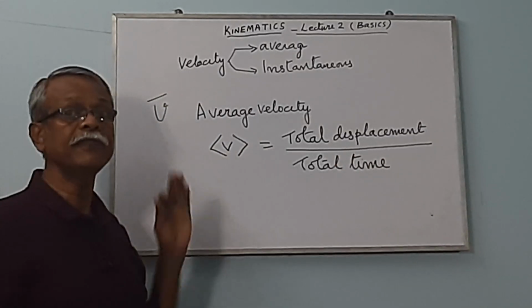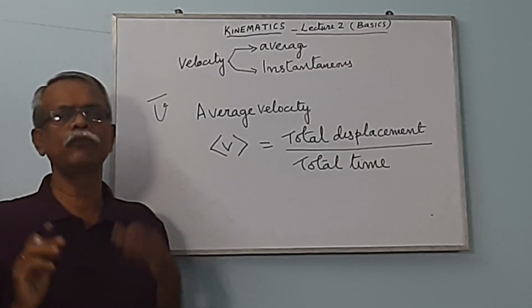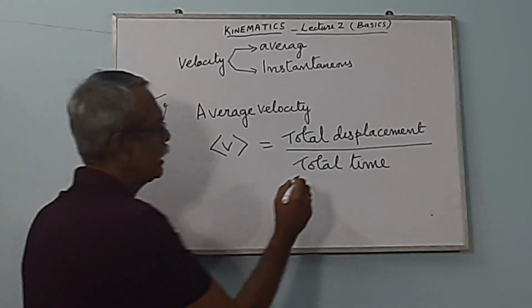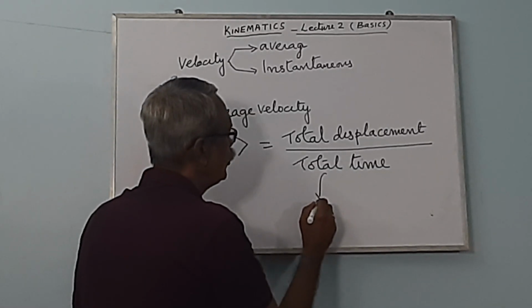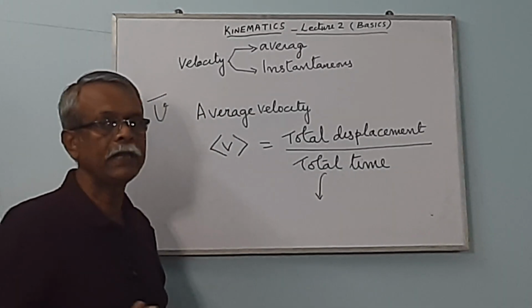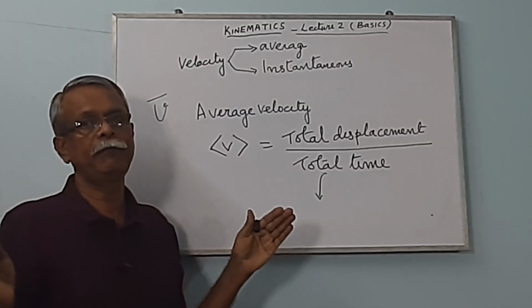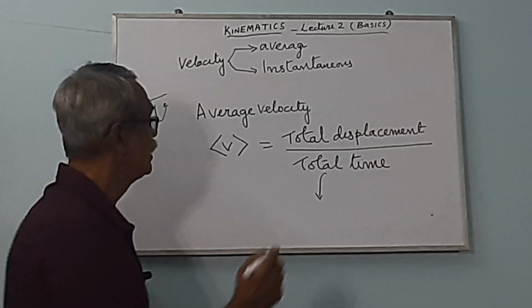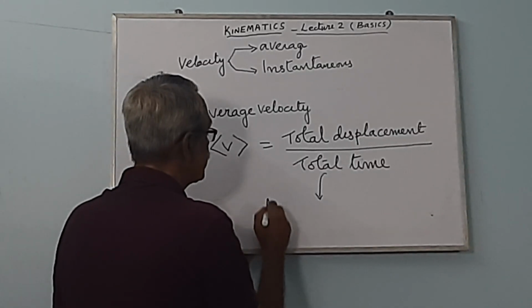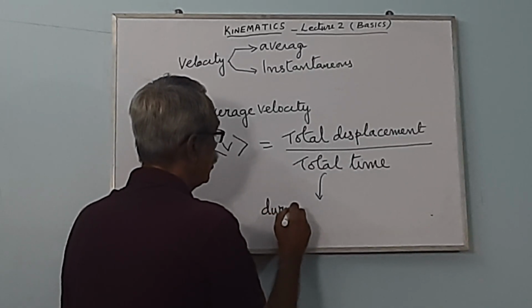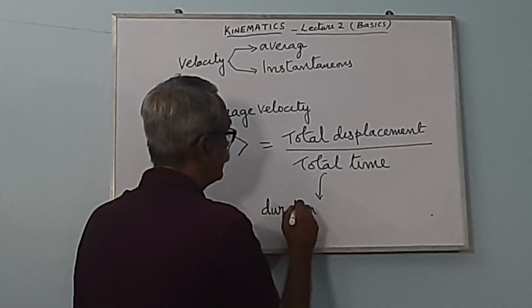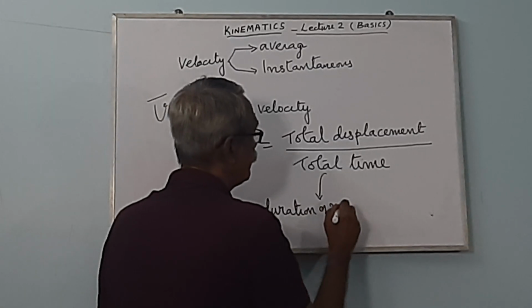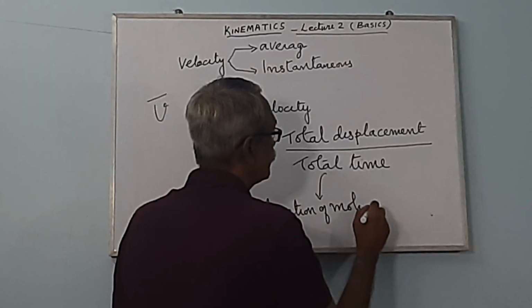When you use this, you have to be slightly careful. By total time, we do not mean the entire duration of motion. What we mean is the duration of motion given.